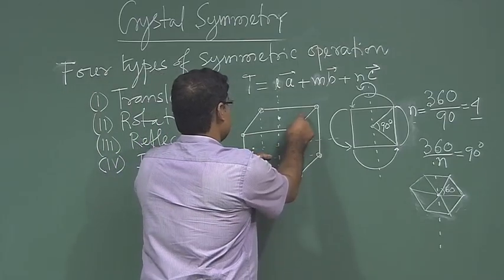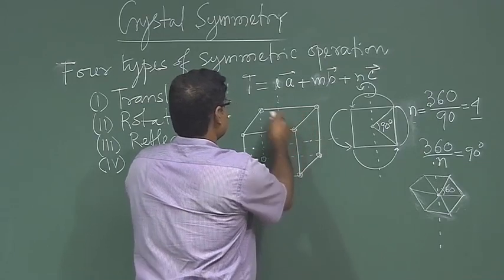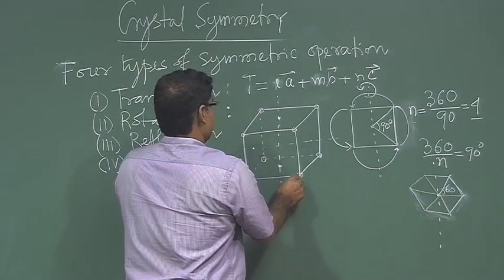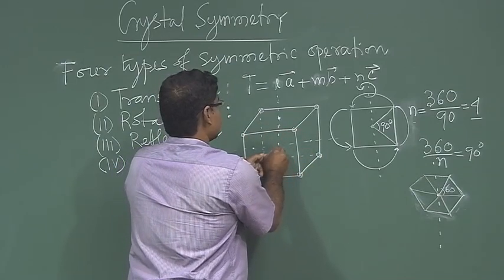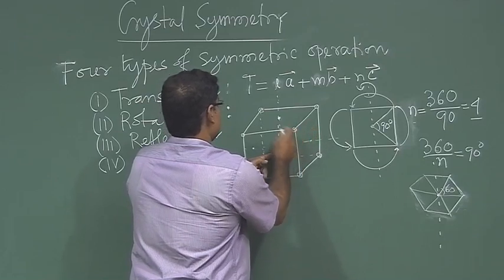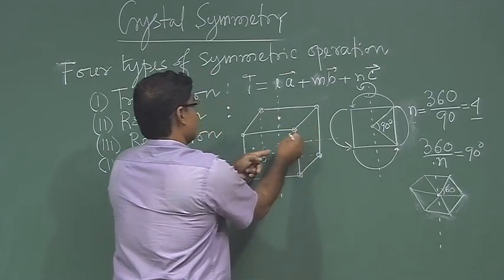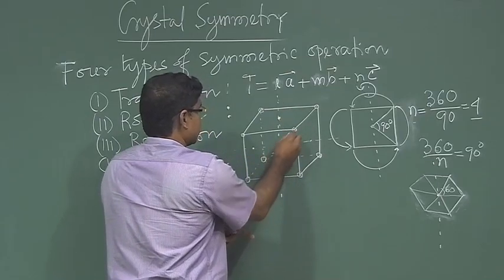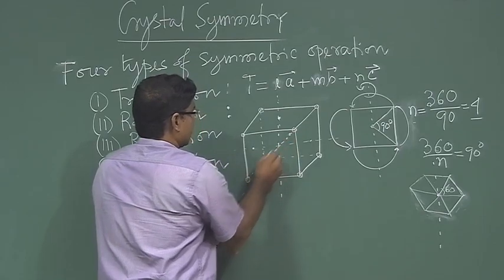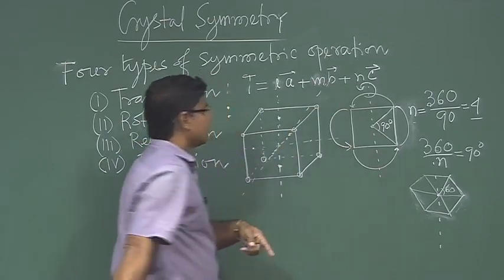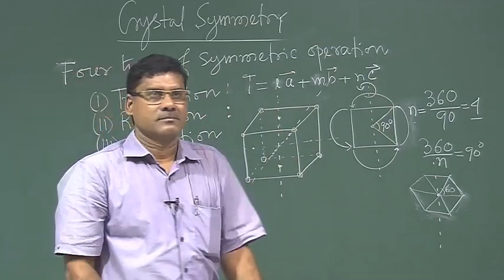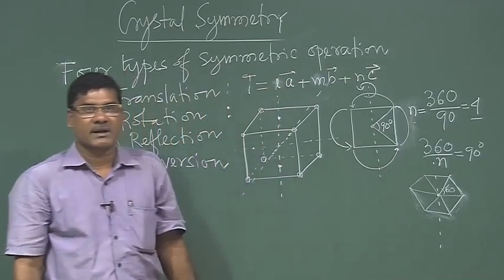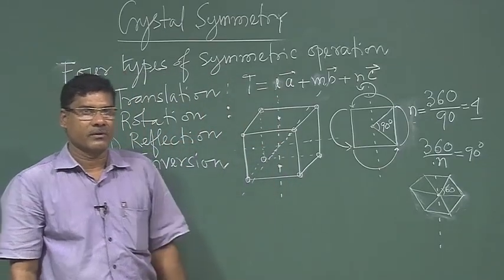Through the middle of these two faces, if you draw the axis, you will get the similar rotational axis having four-fold symmetry.